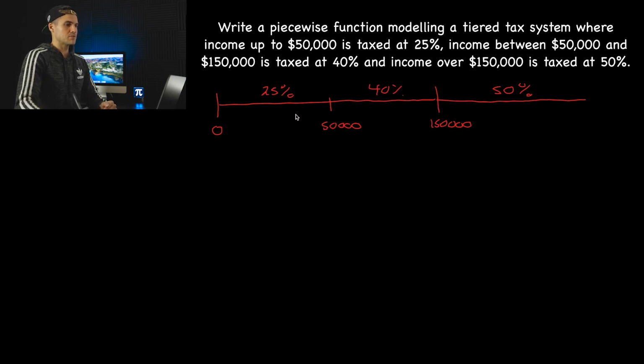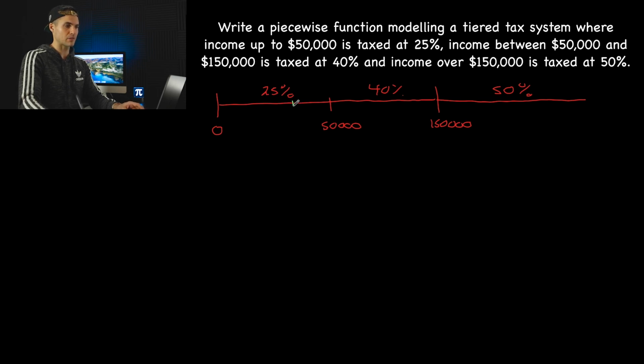So what I'm going to do now is explain what would happen with incomes that are taxed in each of these intervals right here. And we're going to figure out the actual tax amounts manually. And then at the end, I'm going to bring back these examples that we're going through right now and test them with our piecewise function. And hopefully we end up getting the same tax amounts.